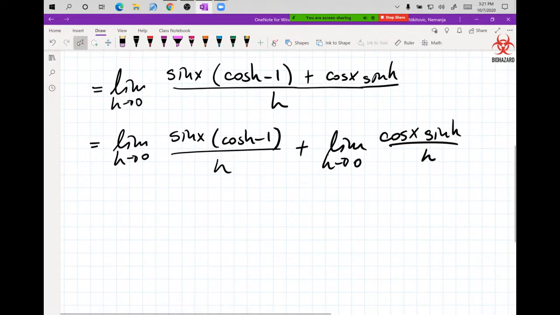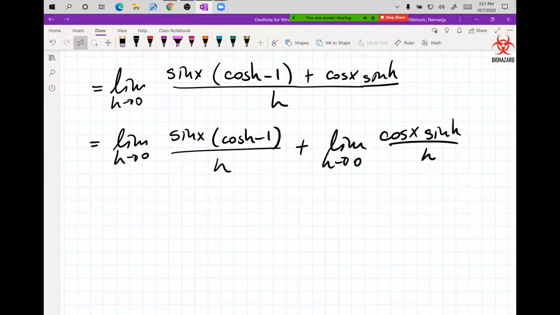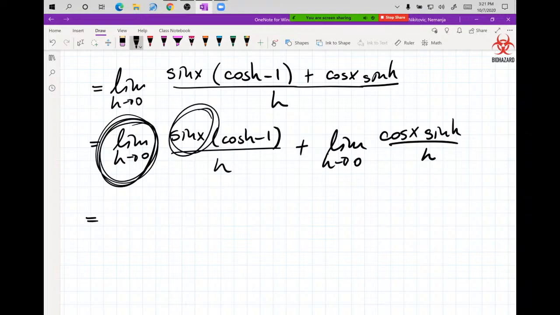And because they were fractions, each one gets the common denominator over h. Once we have that, we now need to solve these two separate limits. And both of these have a function that has a variable which is not in the limit, which means in the eyes of the limit, which is in terms of h, this is a constant.